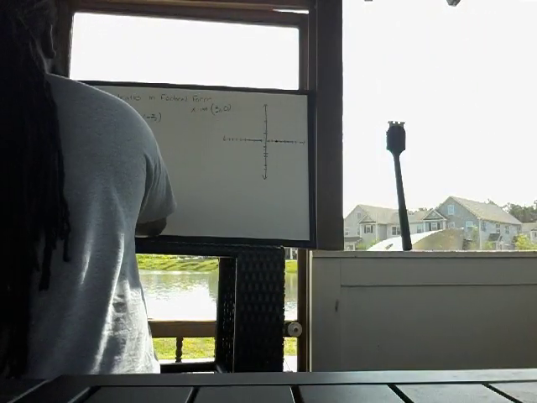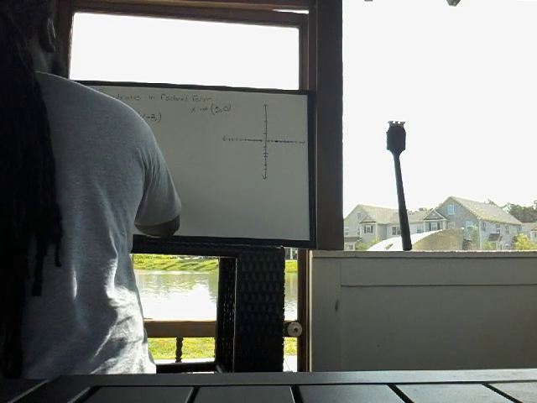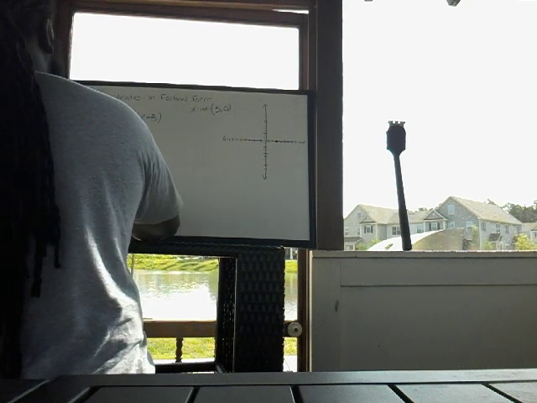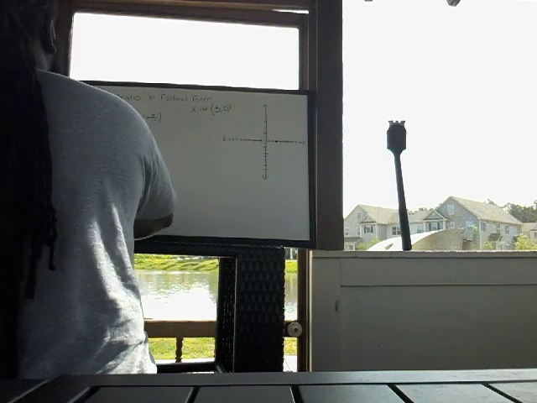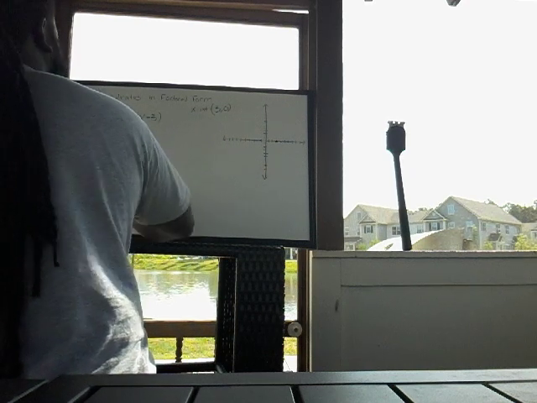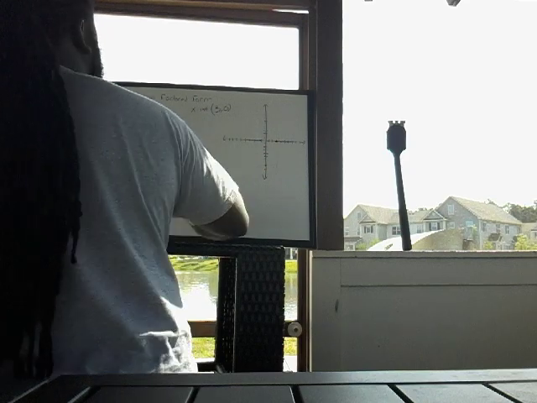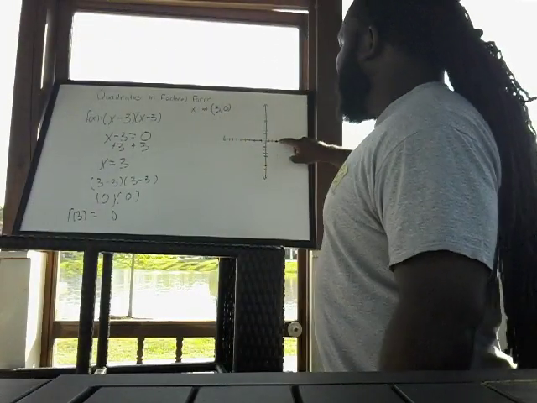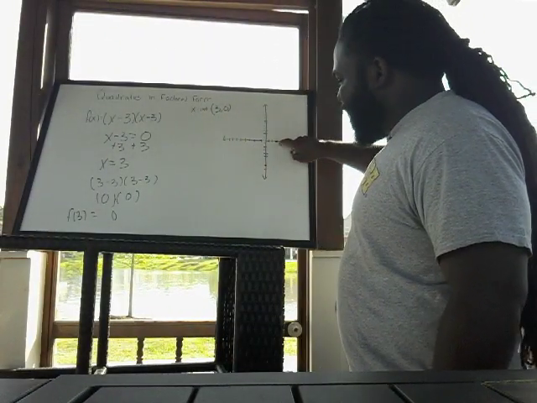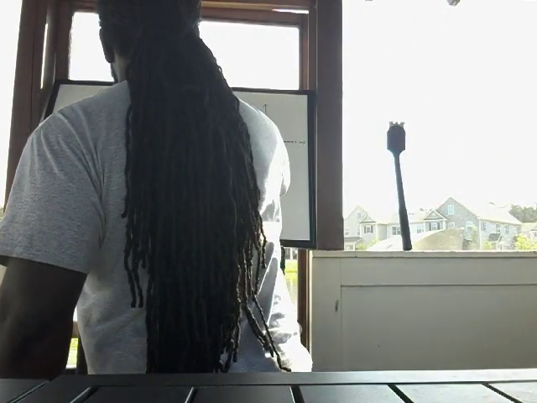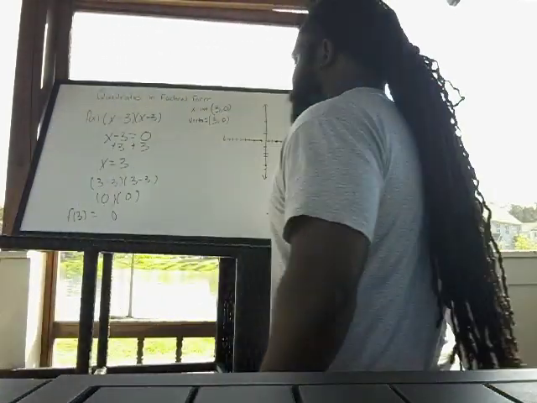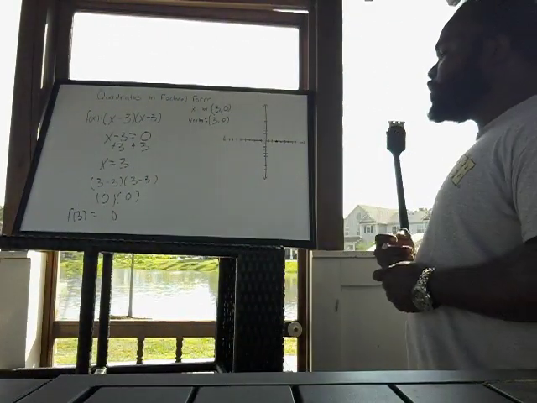So if I plugged in 3, that's going to give me 3 minus 3 here, 3 minus 3 here. That's going to give me 0 times 0, which is 0. So when my x is 3, my y is 0, which means that my vertex would be 3, 0.